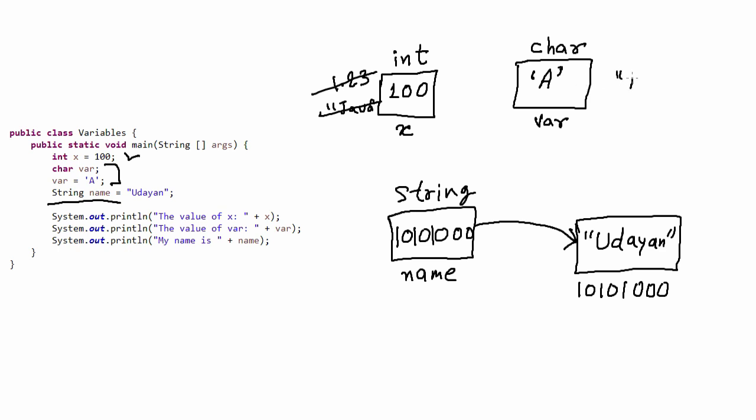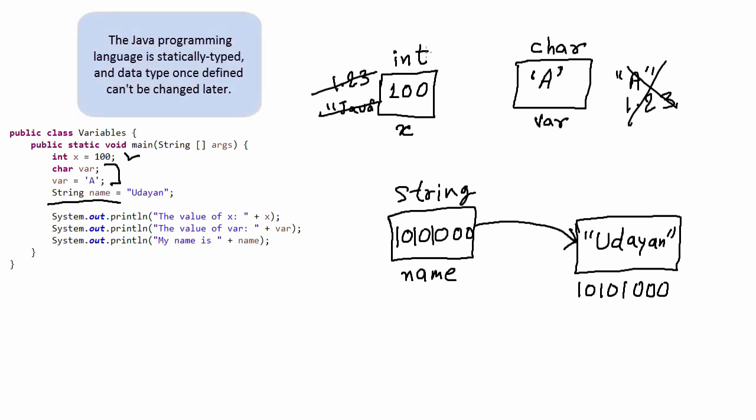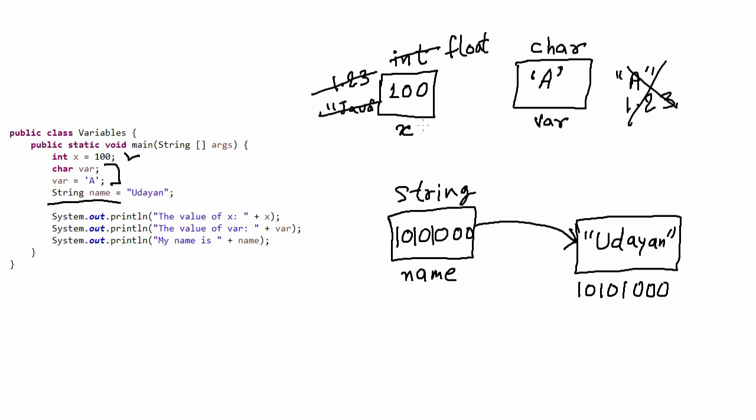You cannot store string a, you cannot store any decimal number, floating point number. These two are not possible. Second thing is, I cannot change the type of x from int to any other thing. We have defined x as int. I can never change it to float or any other type. This is not possible in Java.